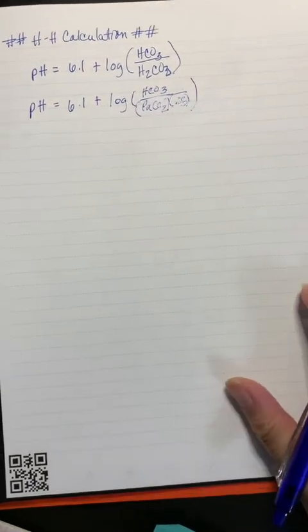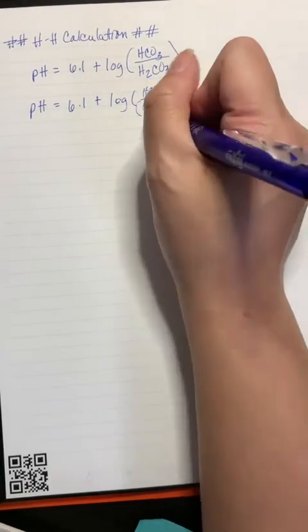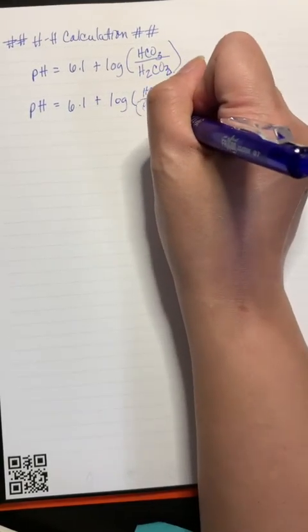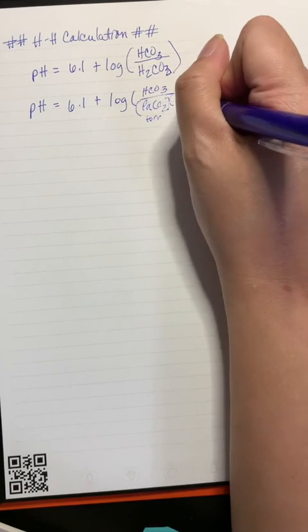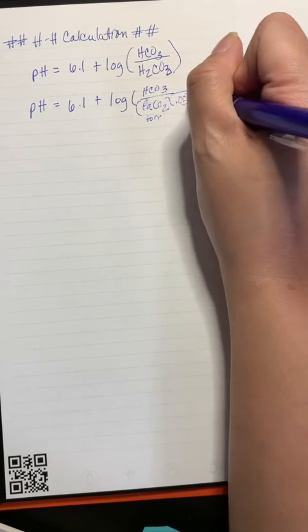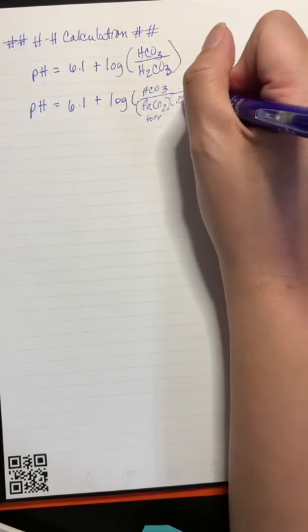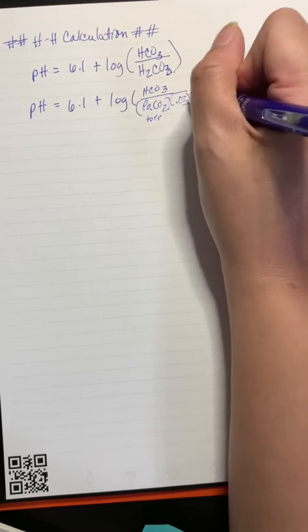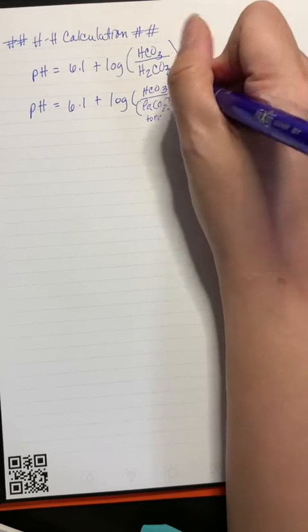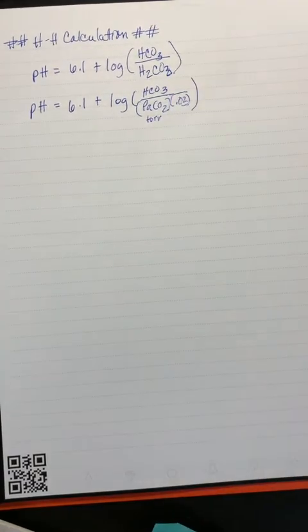Something to remember is that the CO2 is in torr, and multiplying by 0.03 will convert the PaCO2 to milliequivalents, which will make your ratio workable.